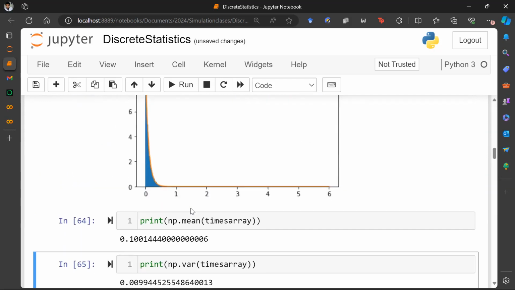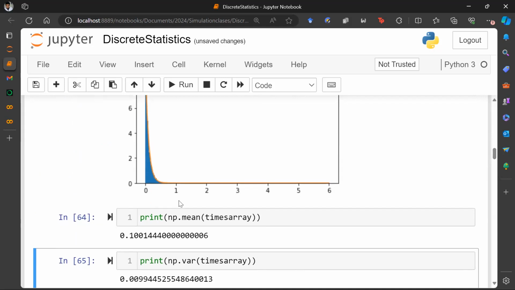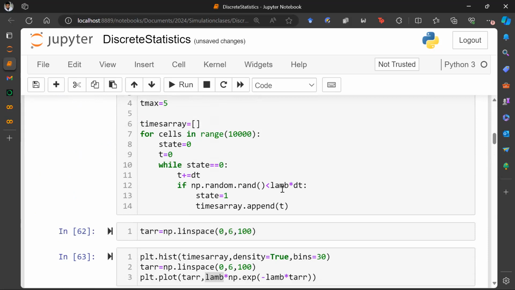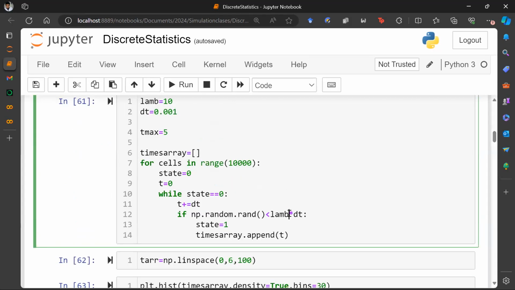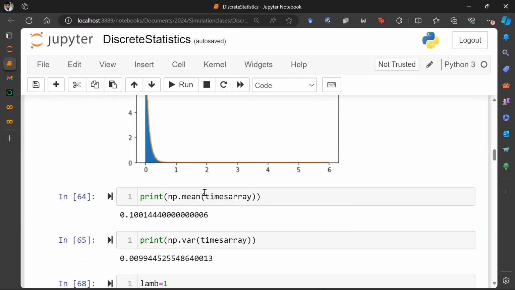Okay, so we have here how to simulate exponentially distributed times. This lambda doesn't have to be, for instance, always constant. This can be any function of the state and function of time. The advantage of this method is that you can use any rate, and this method always works.